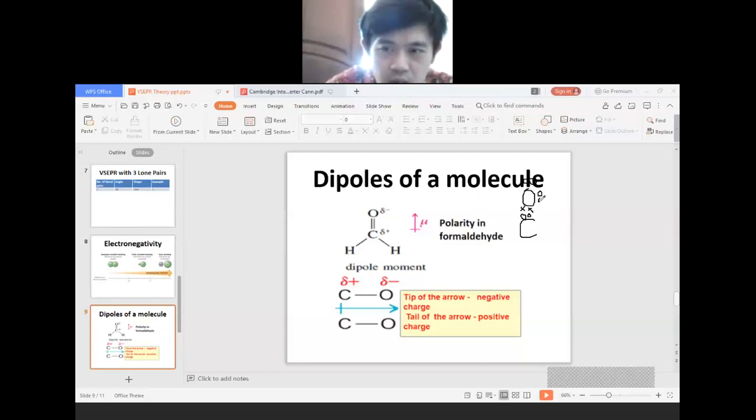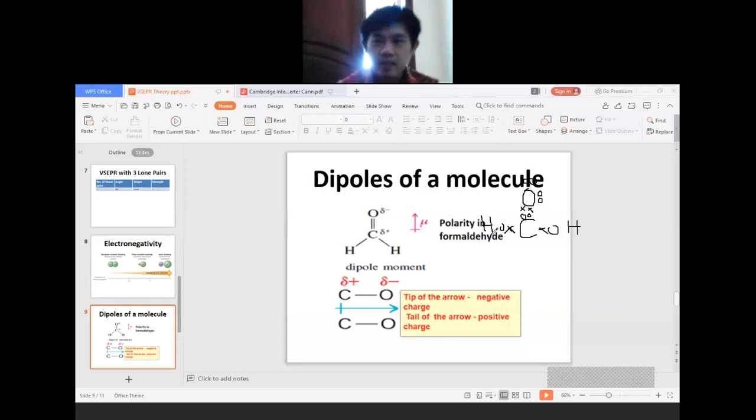This is a lone pair, because oxygen is in group 6, so it has 6 electrons in the outermost shell. And then here there is a hydrogen, and over here there is a hydrogen as well. So from this diagram, how many lone pairs are in the central carbon atom?